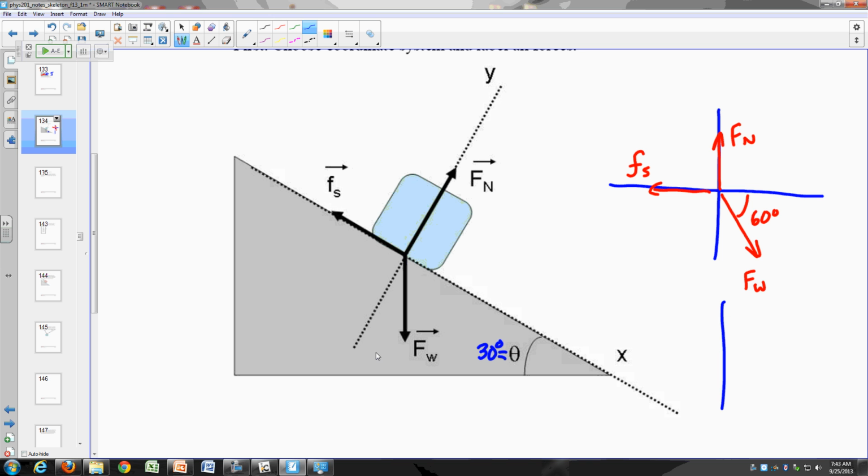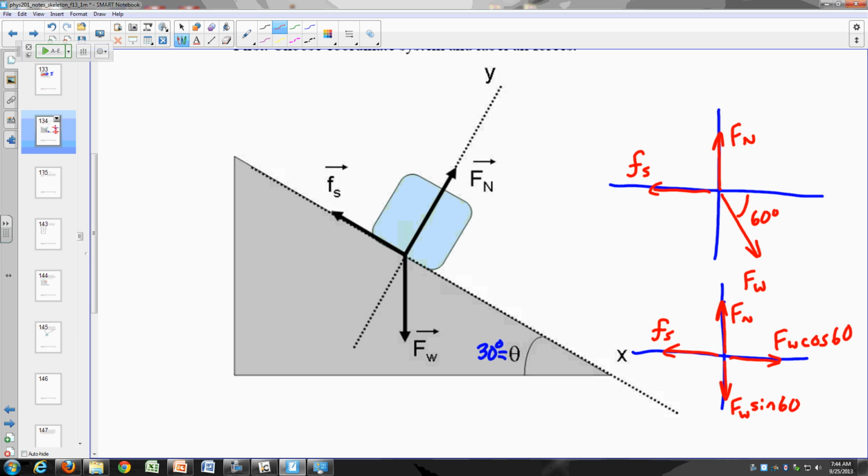resolve my vector. Again, steps 1 and 2 can be combined, but while you're practicing, I find it useful to do them all. My normal force and my static frictional force are there. And then I have Fw sine of 60 and Fw cosine of 60.